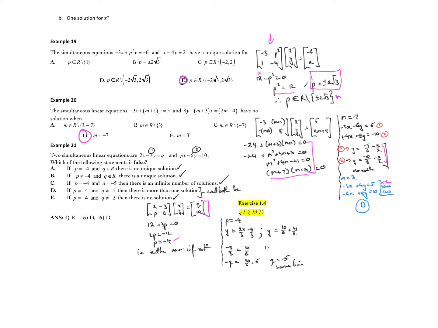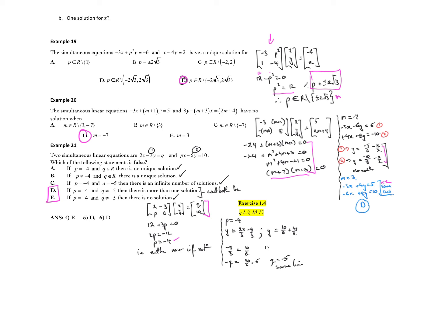In fact, if you read the options, D and E have exactly the same conditions, P is -4 and Q is equal to -5, but two different outcomes. So that's the one we really need to investigate.